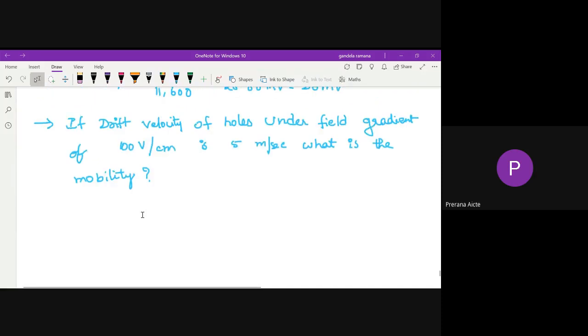What are they given? They have given us the electric field E equal to 100 volts per centimeter. The drift velocity Vd is equal to 5 meters per second. What do we want to find out?